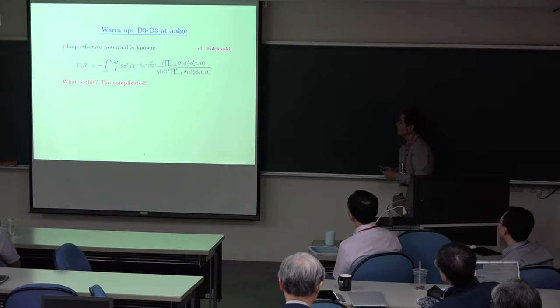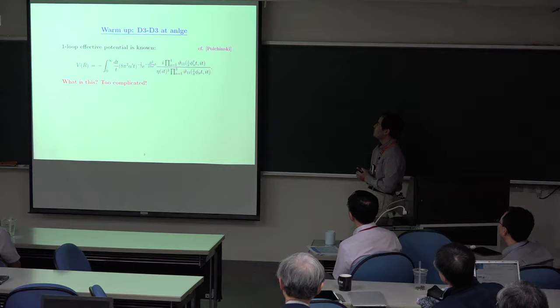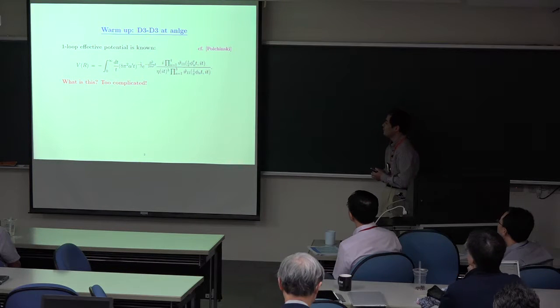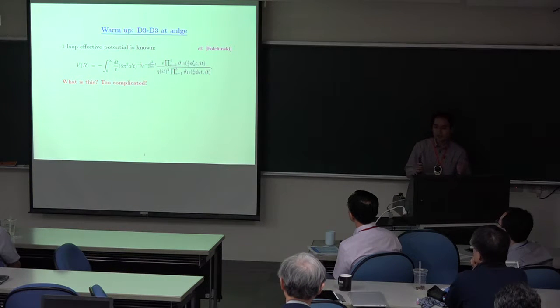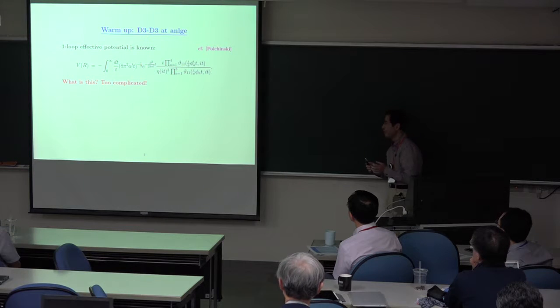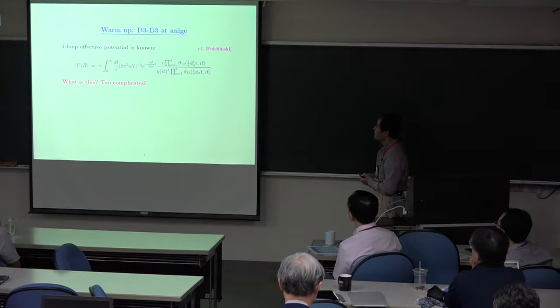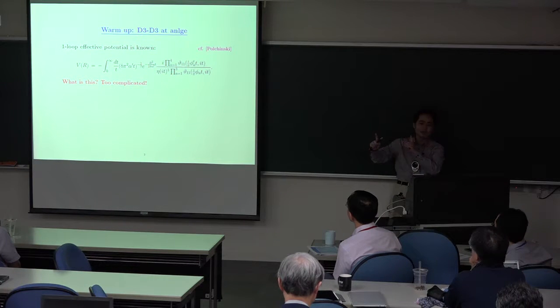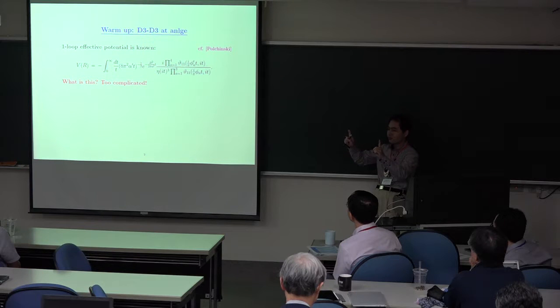Let me explain what kind of calculation we have done by using a simple case which can be calculated exactly. Let's think about these three D-Brane systems, which are not revolving but somehow rotated relatively.